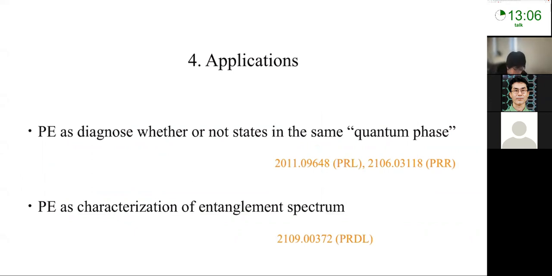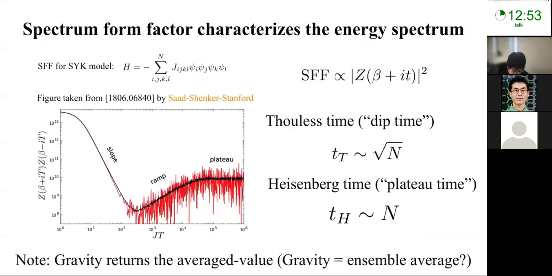And next, okay, I have time, so I will explain pseudo entropy as a characterization of the entanglement spectrum. There is a quantity called the spectral form factor, which is a nice characteristic of the energy spectrum in chaotic systems.